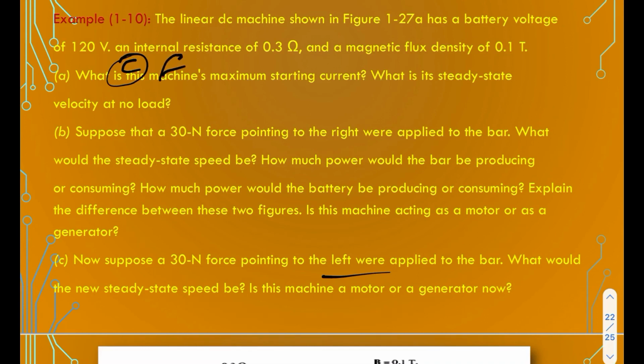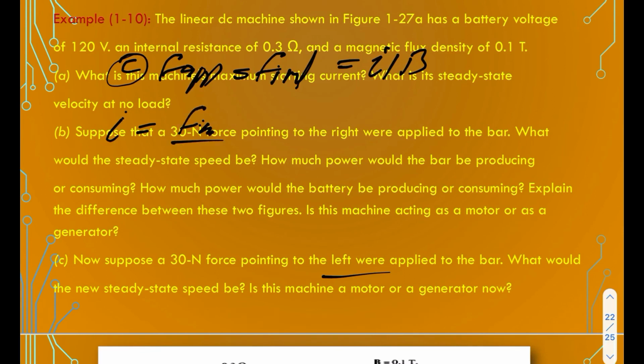F applied is equal to F induced, which equals I L B. I is equal to F induced over LB, which is 30 over 10 multiplied by 0.1, so it will be 30 amperes.